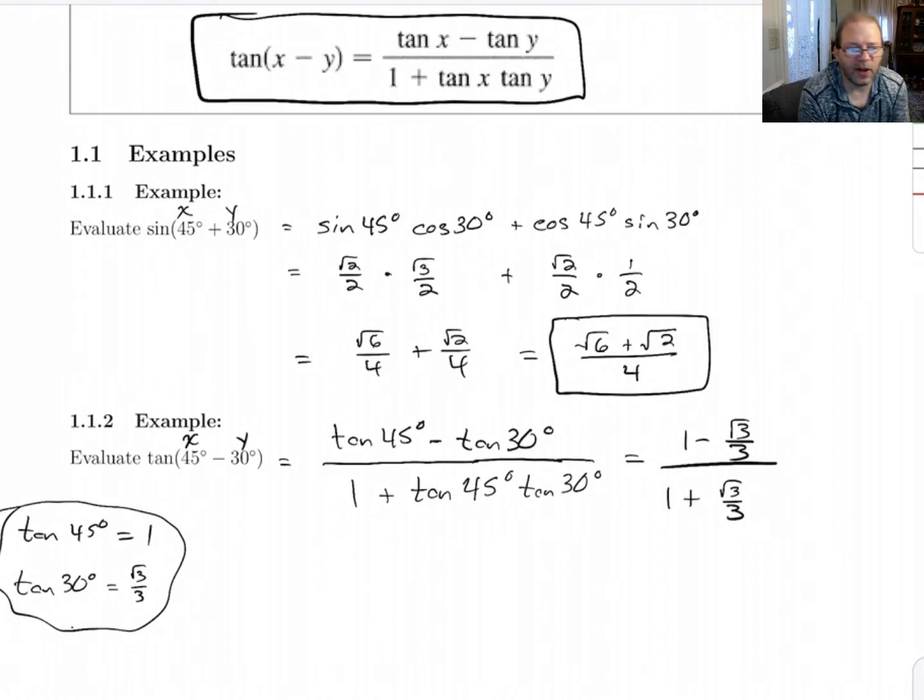So we need to simplify this thing. It's kind of ugly right now being a double fraction. But here's what I'm going to do. Let's multiply the top and bottom both by 3. We'll have to do another step after that, but this is going to clear out the double fraction. That gives me on top 3 minus root 3, and on bottom 3 plus root 3.